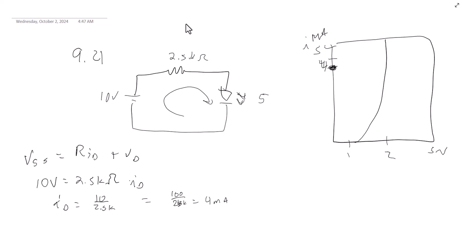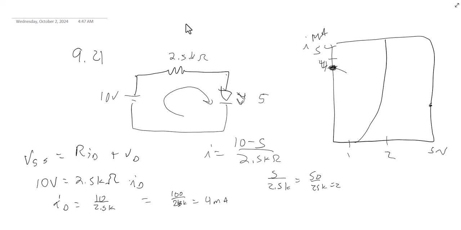The current through this resistor, which would be the same as the current through the diode, would be 10 minus 5, beginning voltage minus ending voltage, over the resistance, 2.5 kilo ohms, or 5 over 2.5 K. That's the same as 50 over 25K, which is 2. So at 5, I would have 2.